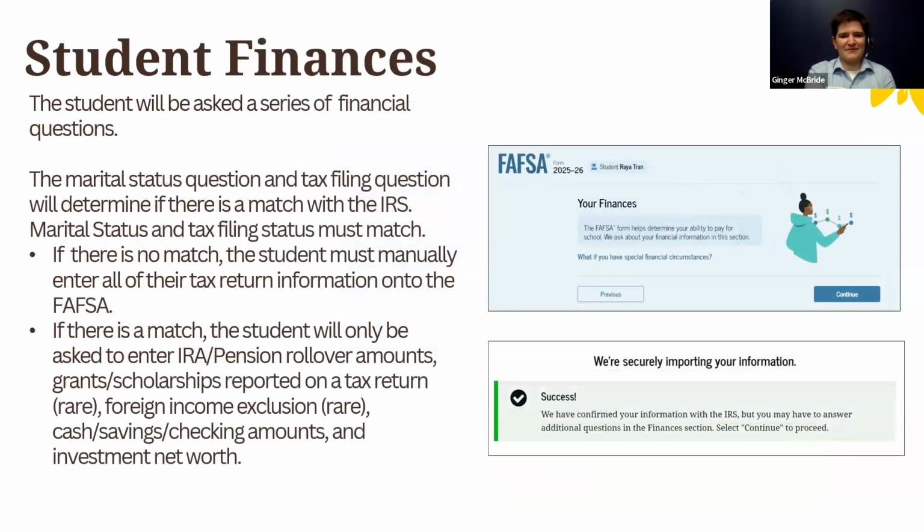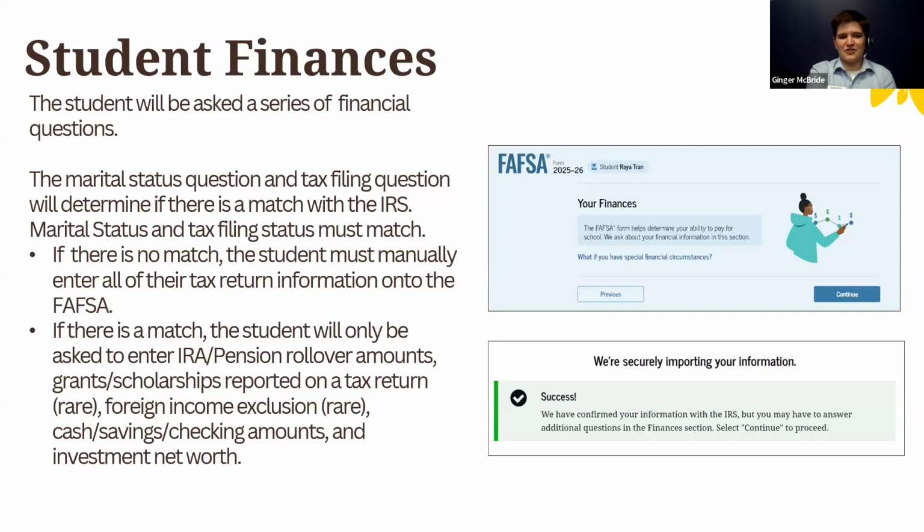After they answer that information about their demographics, students will be asked a series of financial questions, and the marital status and tax filing questions will determine if there is a match with the IRS. So the marital status and tax filing status must match in order for the information to be transferred over. If there isn't a match, the student will need to enter in all their tax return information onto the FAFSA by typing it in manually.